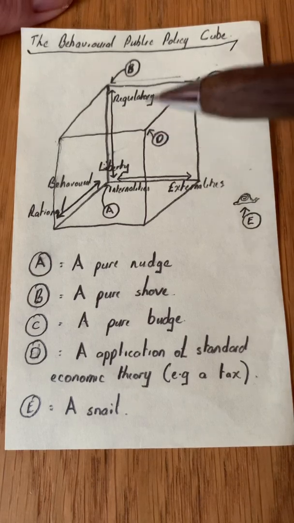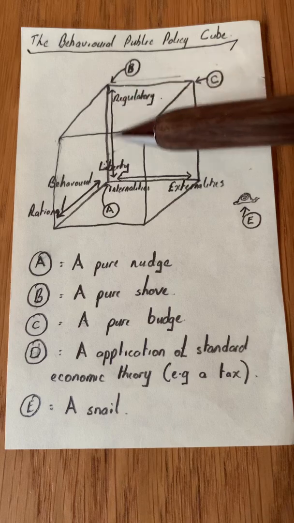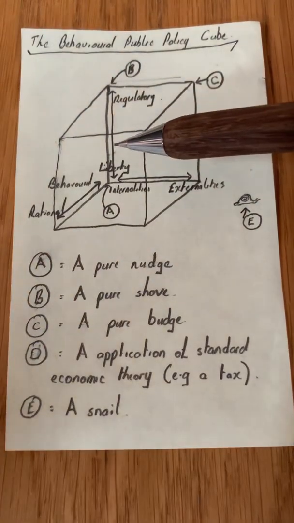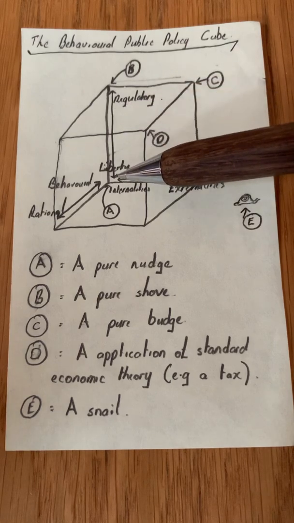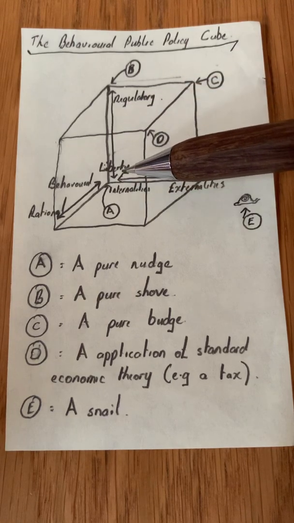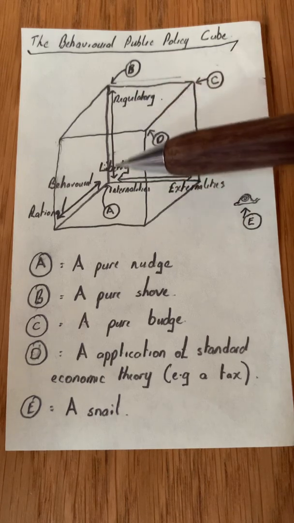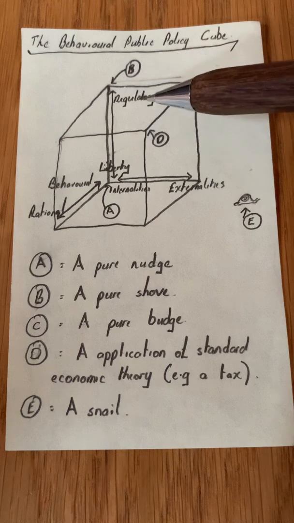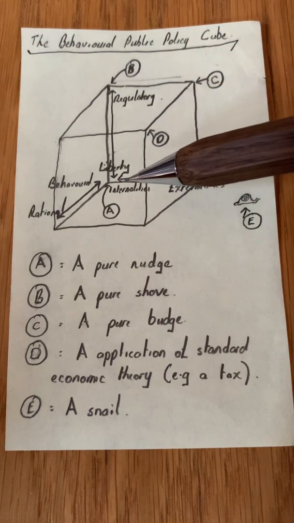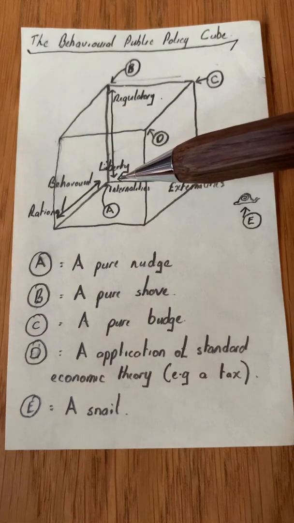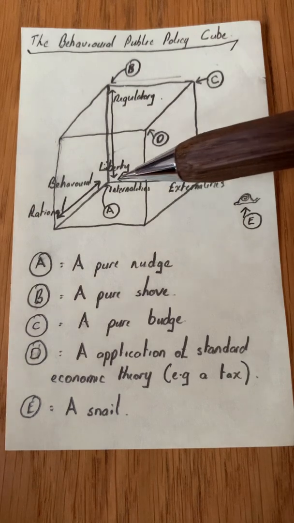So you've got the cube here, and the axes stick with those that I originally proposed in terms of nudges. If you go towards the origin on the vertical axis, the intervention is more liberty preserving. If you go away from the origin on the vertical axis, it's more regulatory. If you go towards the origin on the horizontal axis, the intervention is more focused upon internalities.